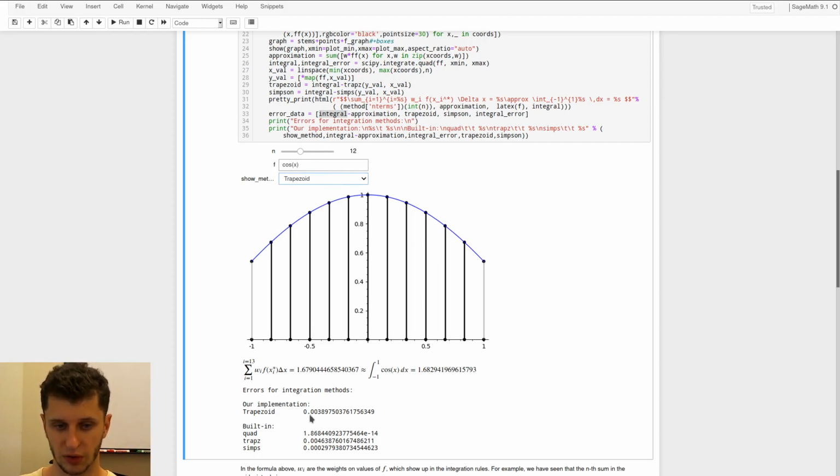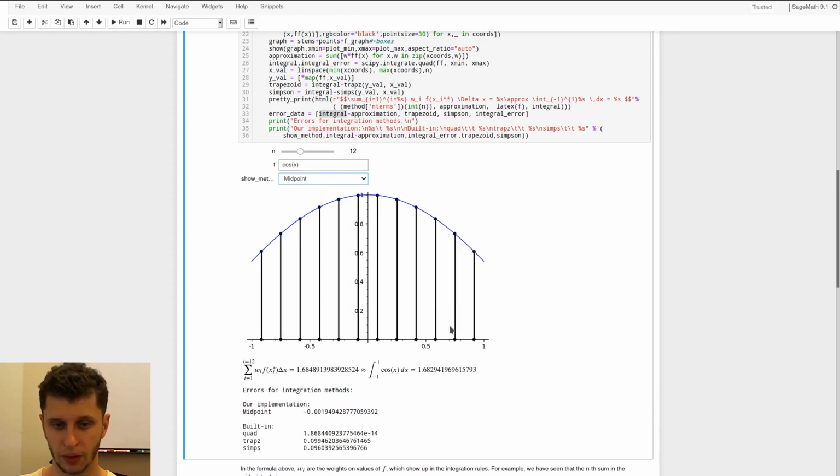Note the error for the trapezoidal rule: we have 0.0038. Let's switch to the midpoint rule. You can see that the error for the midpoint rule is about 2 times smaller than that for the trapezoidal rule.